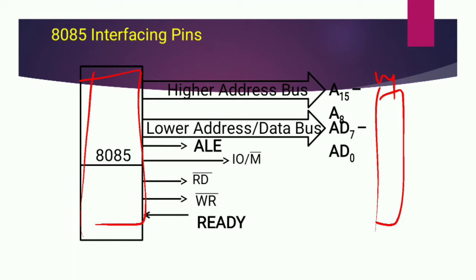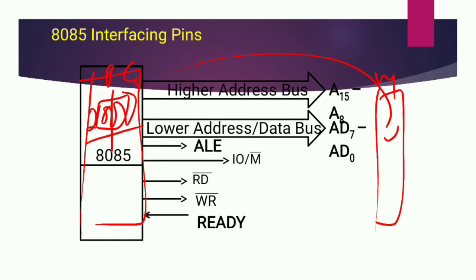Suppose the 8085 microprocessor wants to access data from the memory, that is a memory read operation. The address of the particular memory location is in the program counter. Suppose the program counter has the address 2000. This is a 16-bit address.